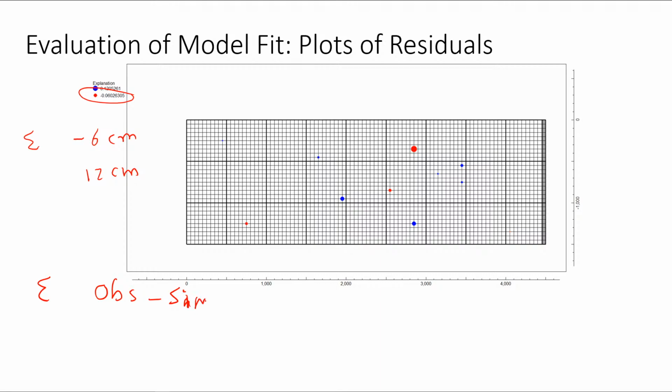So if the observed is larger than the simulated, this means my model is underestimating. And here it means an overestimation. So I have an overestimation here, an overestimation here, and then I have underestimation here, underestimation here, and underestimation here for my different observation points.